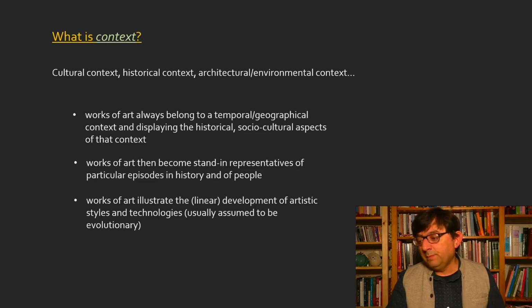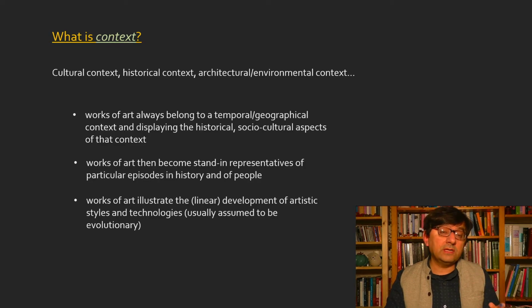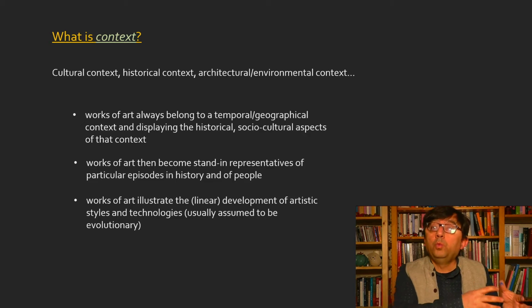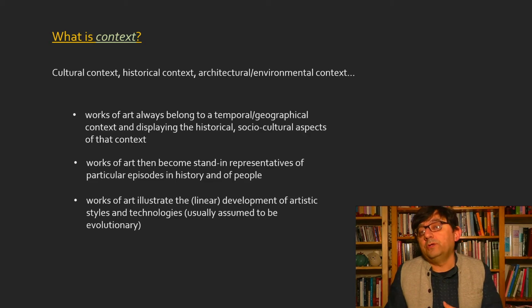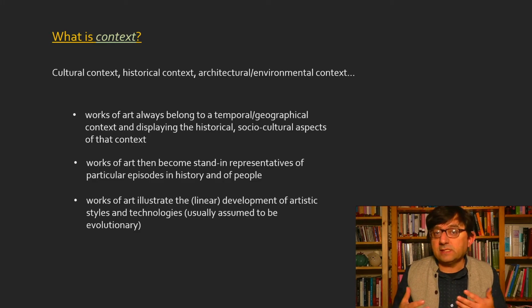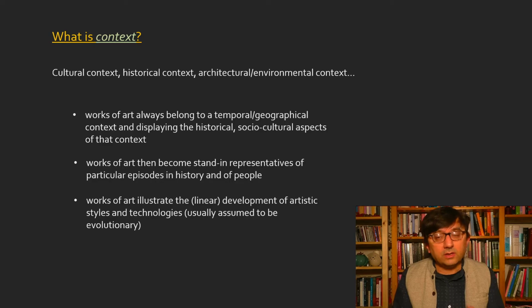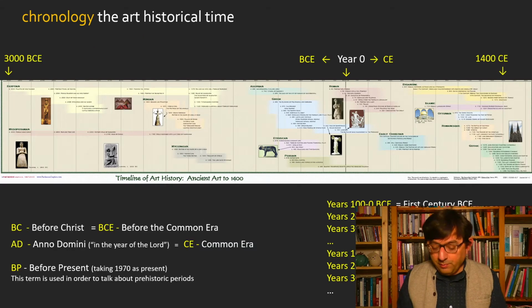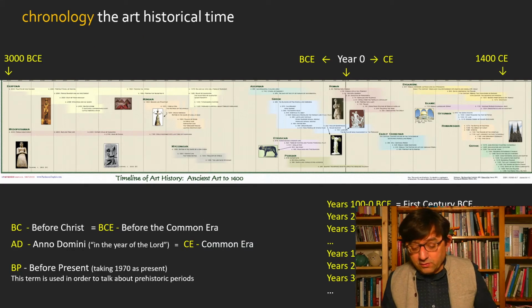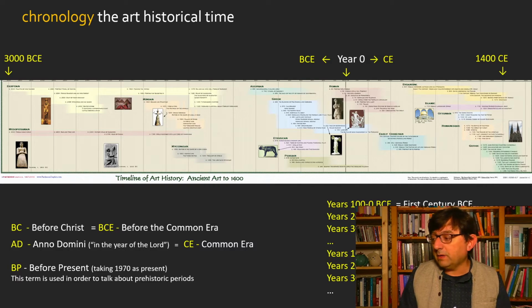But art historians write these stories of how particular styles and technologies develop over time with the help of these objects. That's why the historical context, the chronological context, is very, very important. Speaking of chronology, let's talk a little bit about chronology here.